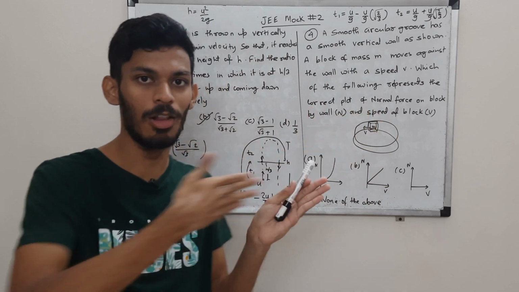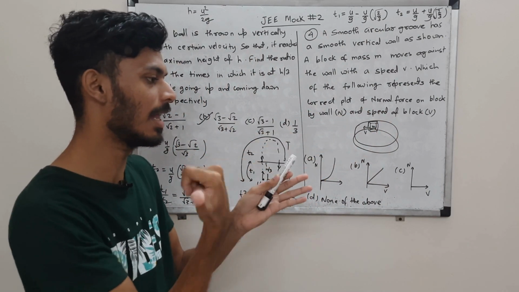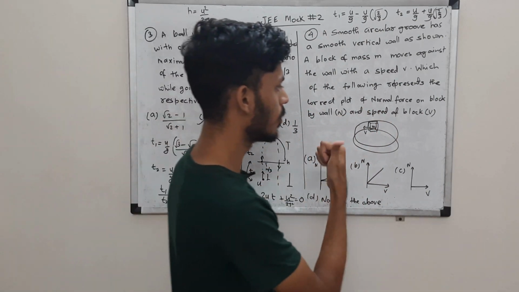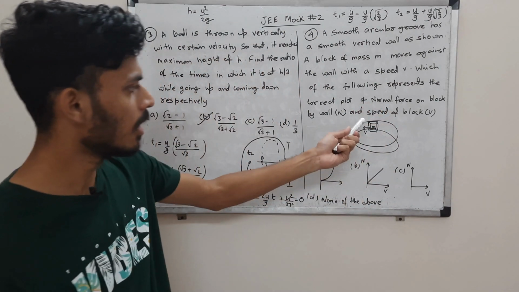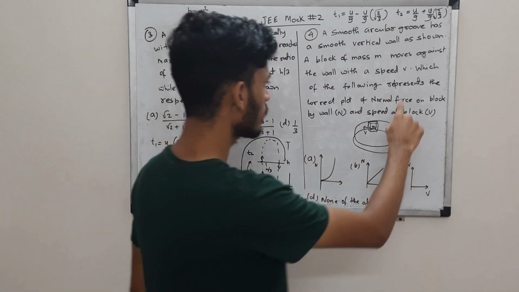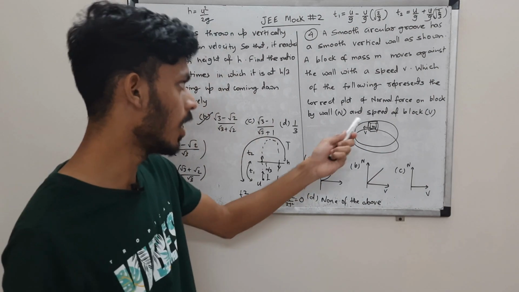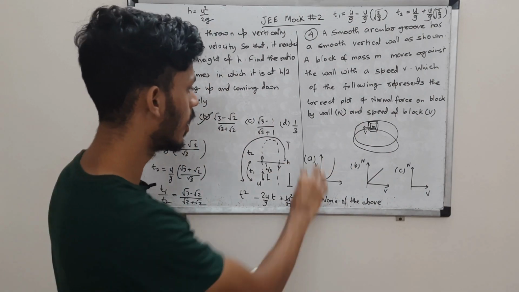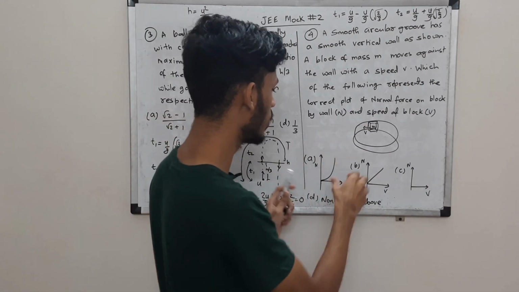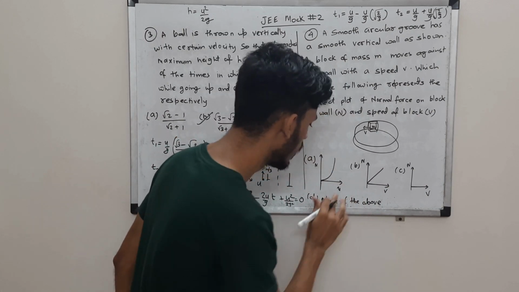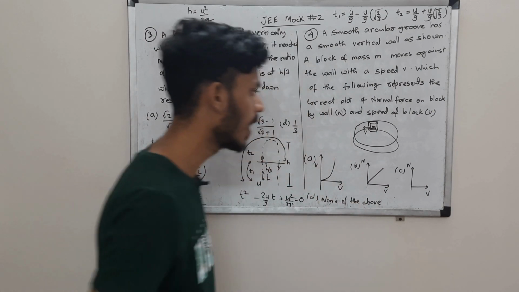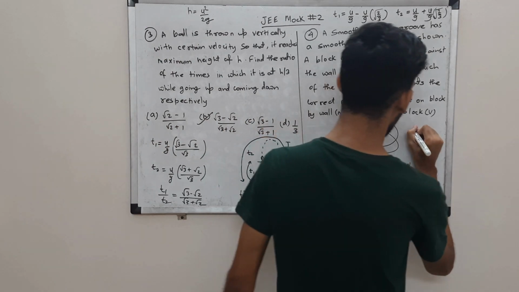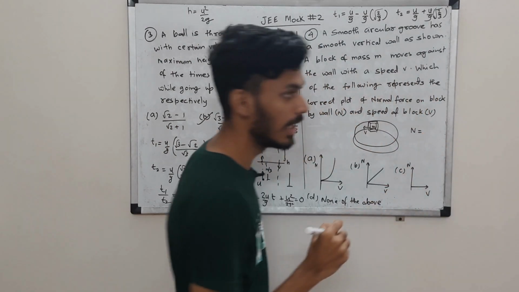Since it is sliding on the rim, there is contact and there will be some normal force towards the center on the block due to the wall. You are supposed to tell the correct plot between the normal force and the velocity or speed of the block. Now the normal force will balance your centrifugal force.